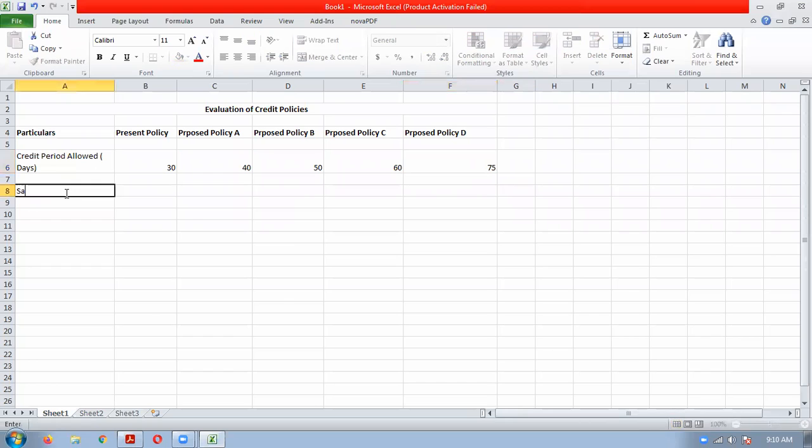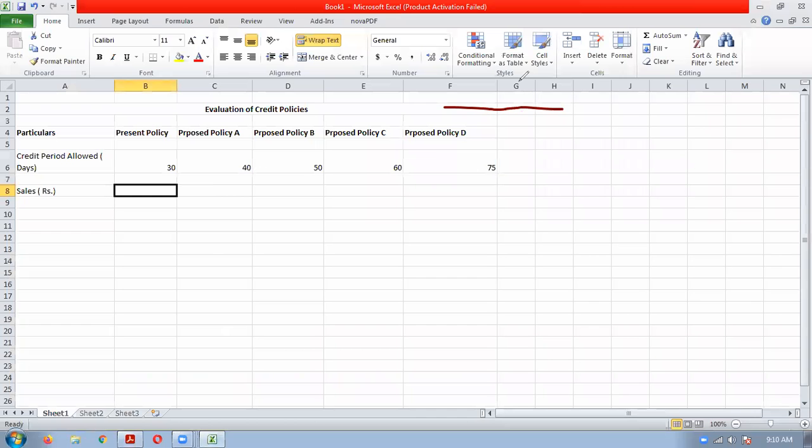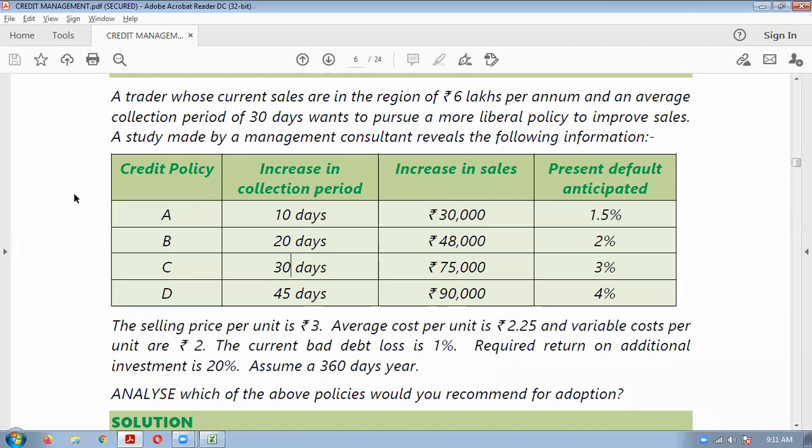Sales in rupees. Present sales is 6 lakh rupees per annum. Proposed sales will become 6,30,000, 6,48,000, 6,75,000, and 6,90,000. So this we have done.